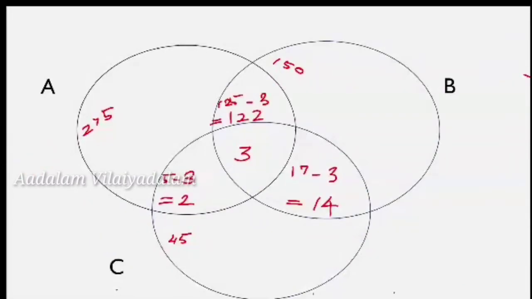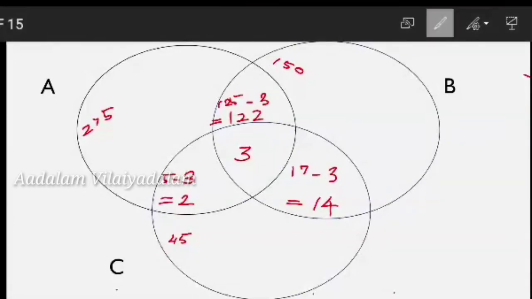Now, here we find the intersection 3 is common for all these 3 circles, isn't it? To find the intersection between A and B only, we just subtract the common one: 125 minus 3 we get 122. The same way, 17 minus 3 we get 14.